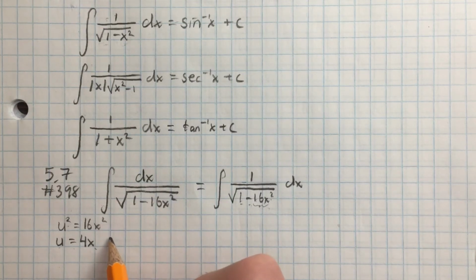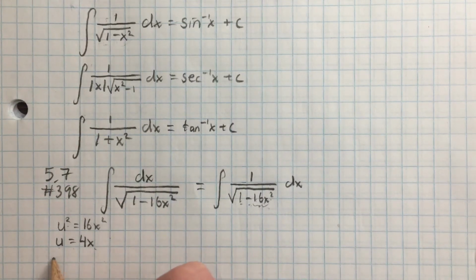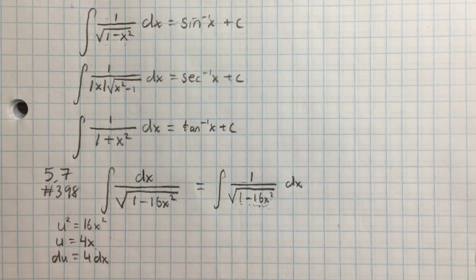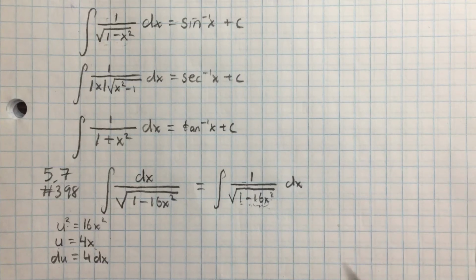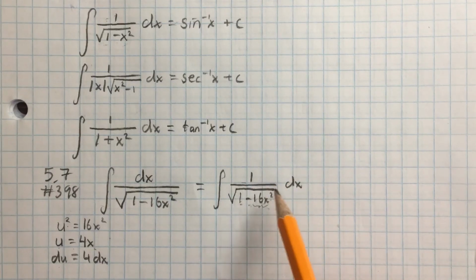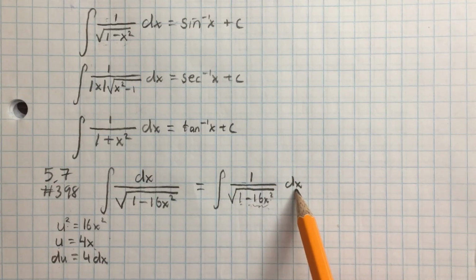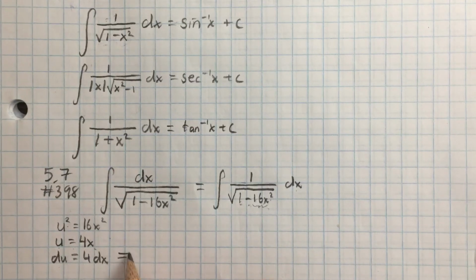When I do that, we're going to get that du is, of course, 4 times dx. Right? And over here, we do not have a 4dx. Just got a dx. So therefore, like always, the constants are easy to push around. Constants and negatives, easy to push around in all these types of substitution problems.